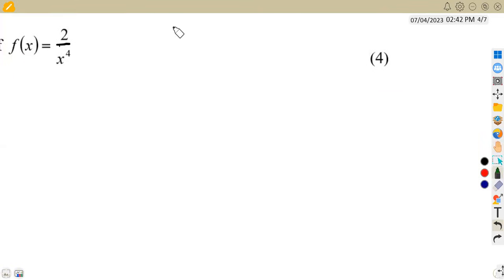So already here we are given our f of x. Our f of x is 2 over x to the exponent of 4, which is something else, guys. A fraction is something else, this one. So what can we do? If we are to consider this, it means the same thing.